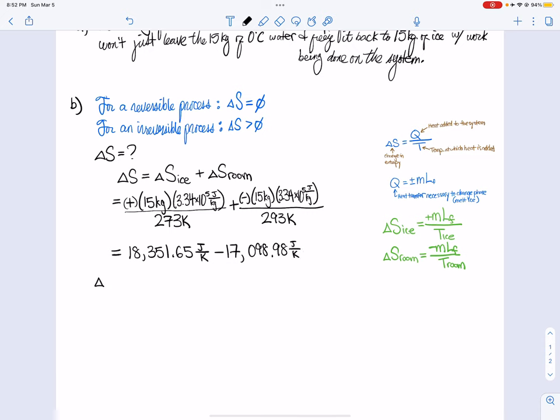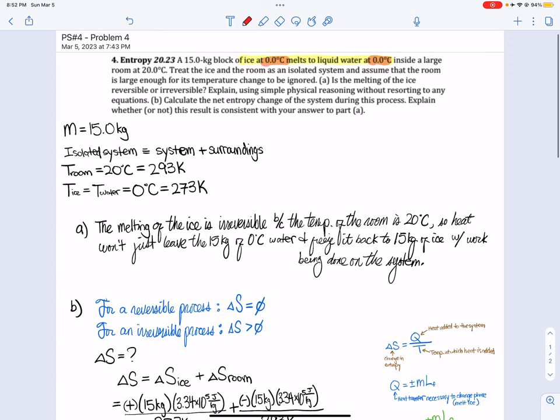And so my net change in entropy is equal to 1,252.67 joules per Kelvin. All right. That is the answer for part B. That is calculating the net entropy change of the system during the process.